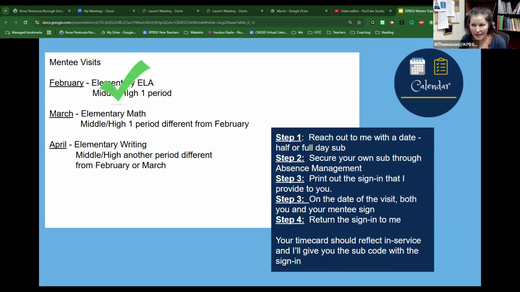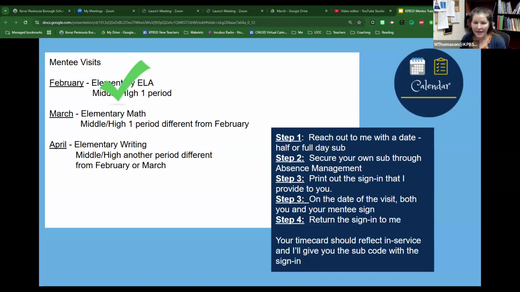If you're in elementary, it would be good to see math if you saw language arts, or a different content area. If you are in the secondary, it would be good to see a different period. Dynamics change from period to period. So be thinking about that March visit.